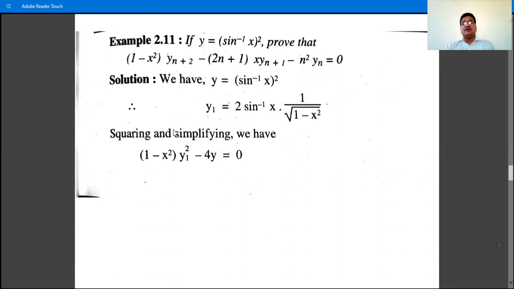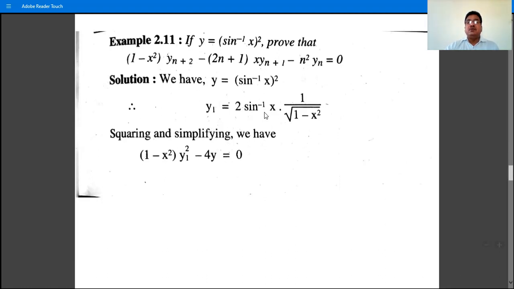Then squaring both sides. So what do we have? y1 root 1 minus x square becomes (1 minus x square) y1 square, and this is equal to 4, since 2 square is 4, and (sin inverse x) whole square is y.